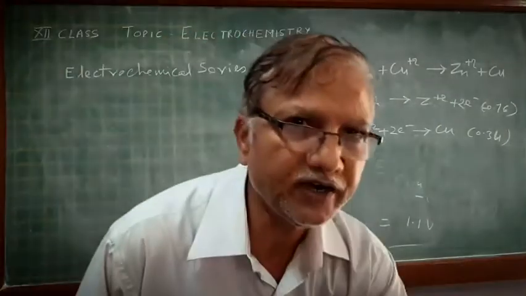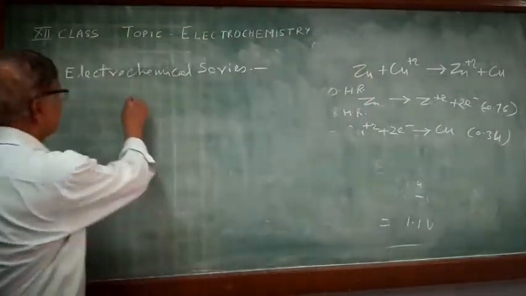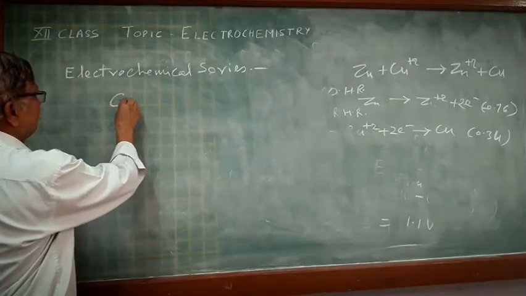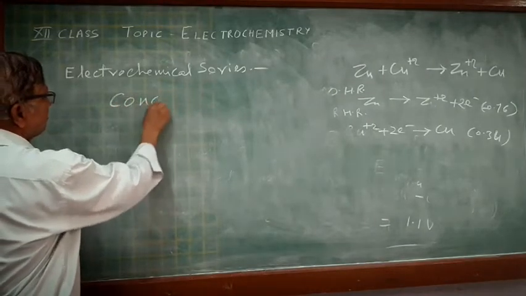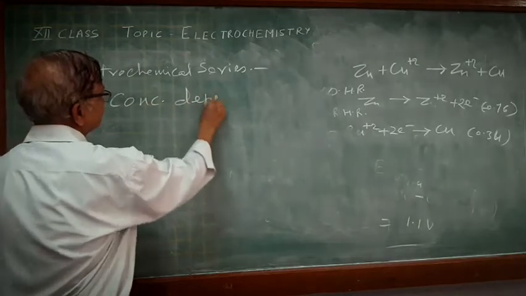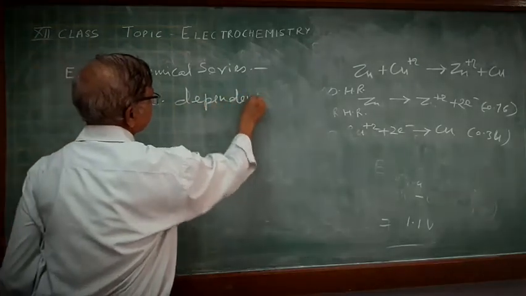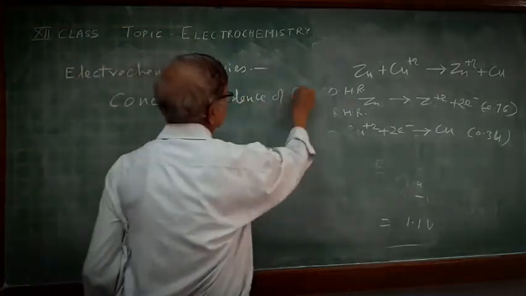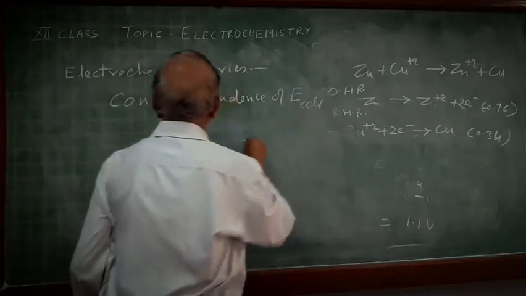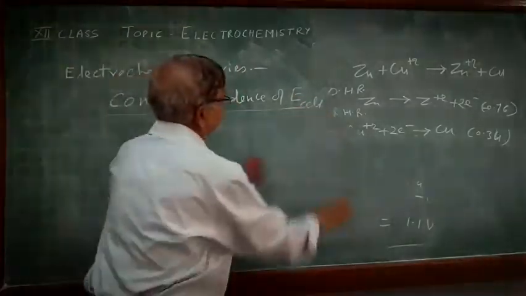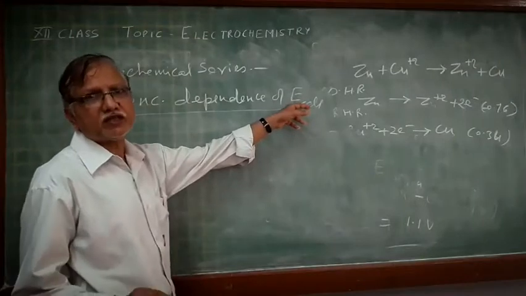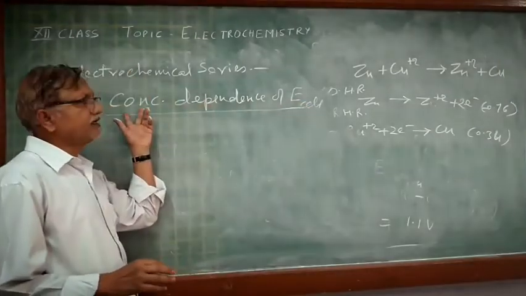Cell potential depends upon the concentration of electrolyte. So, concentration dependence of cell. Electrode potential of the cell depends on the concentration.